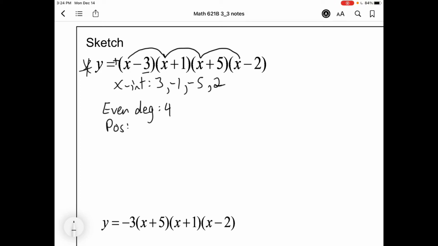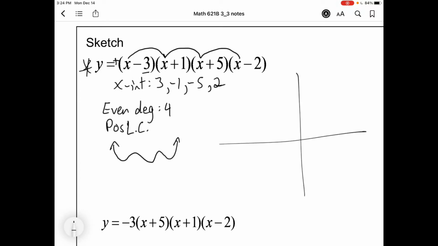I could do the dance and find out that it has kind of this basic shape. It goes from up to up. So if I just wanted to sketch it real quick, I probably could. Here's an x-intercept at -5, x-intercept at -1, x-intercept at 2, and an x-intercept of 3.